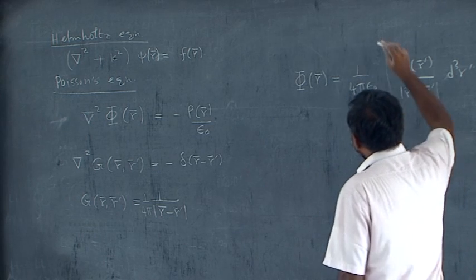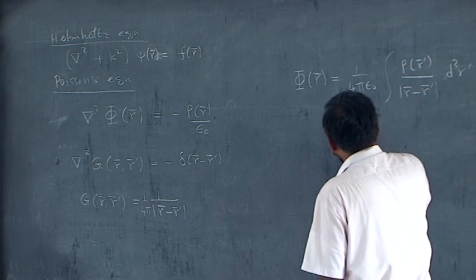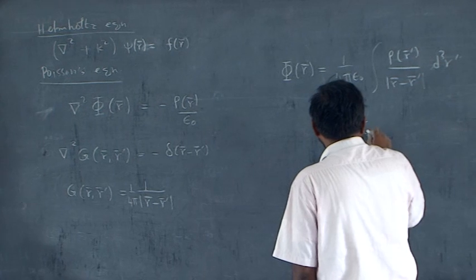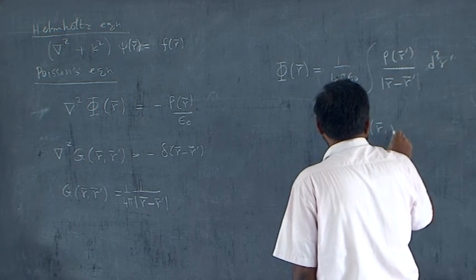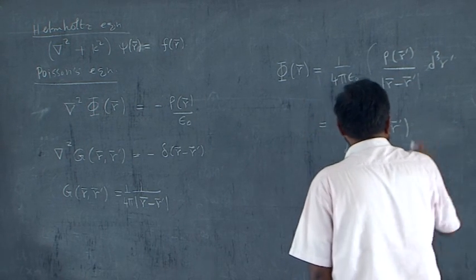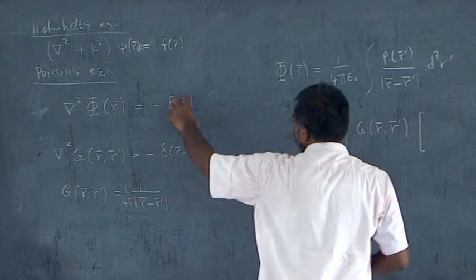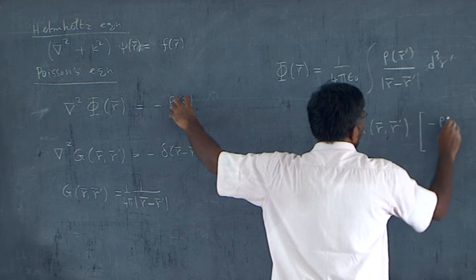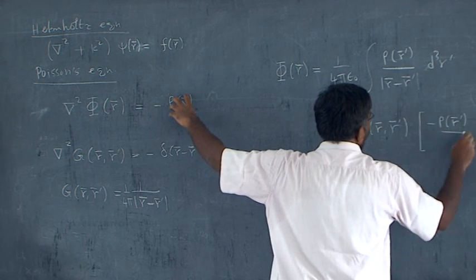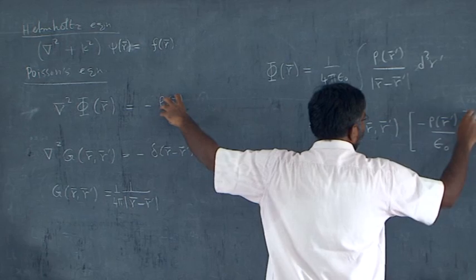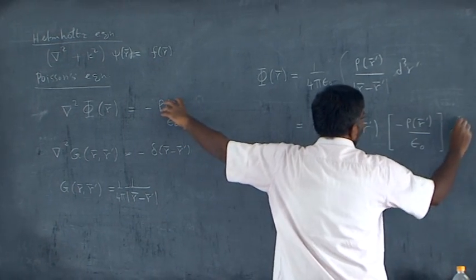Now, if I compare, this is equal to integral g of r prime into the right hand side, minus rho of r prime by epsilon naught, d3 r prime.